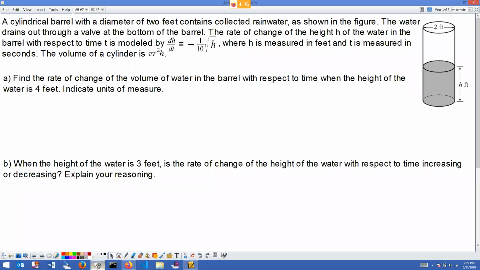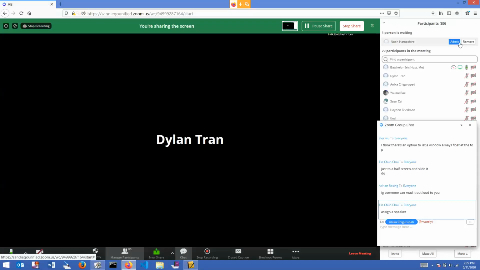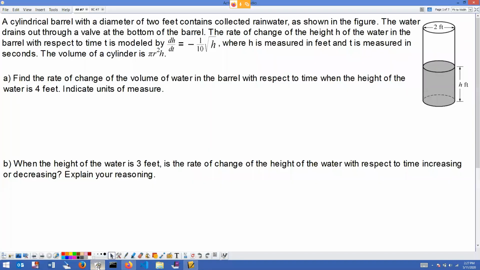So the first couple here should, I think, be pretty straightforward. We're starting with a cylindrical barrel. Gives us the diameter, and it tells us that it's got some water in it. And we want to find the rate of change of the volume of the water in the barrel with respect to time when the height is 4.